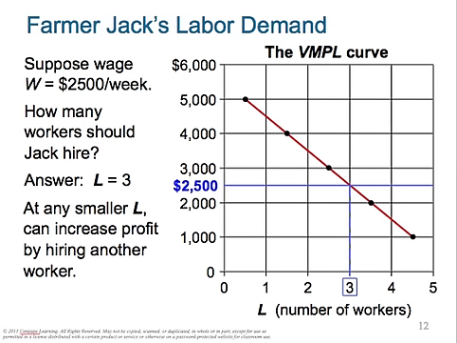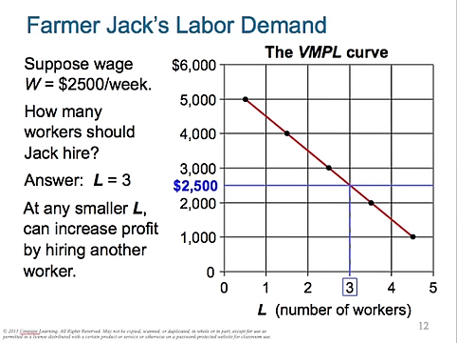The answer is, our task here is to compare the cost and benefit of hiring an extra worker. The benefit, price times marginal product of labor, is the extra revenue per week from having one more worker. Recall, the production function, hence the marginal product of labor, is measured in units per week. So we must compare that to the cost per week of having one more worker. We want to compare apples and apples.